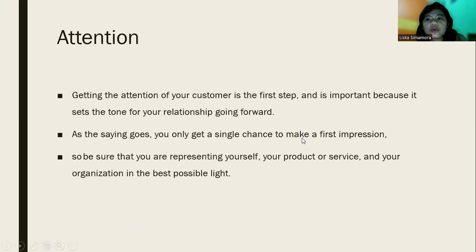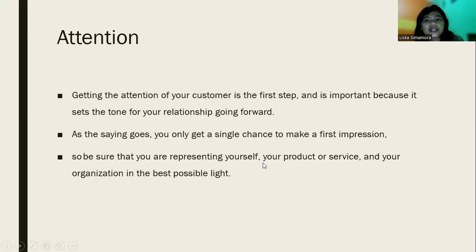So, what does attention mean? This is the initial step of the sales model. Getting the attention of your customer is the first step. So get their attention first. It's important because it sets the tone for your relationship going forward. As the saying goes, you only get a single chance to make a first impression.